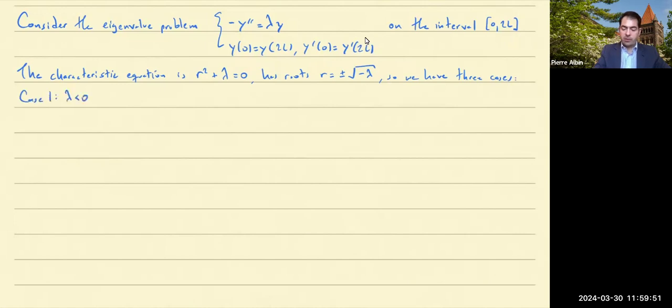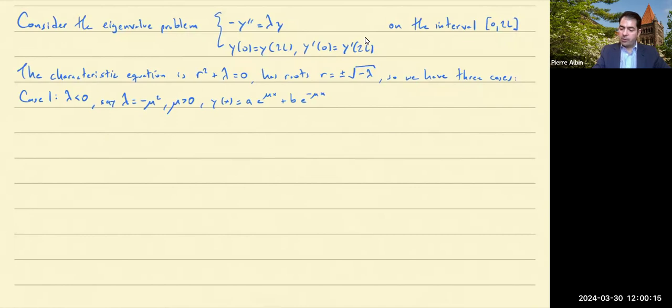Case one, let's think about what happens when lambda is negative. Let's introduce mu squared, so lambda is equal to minus mu squared with mu positive, so that then we can write the solutions as a multiple of e to the mu x plus a multiple of e to the minus mu x.